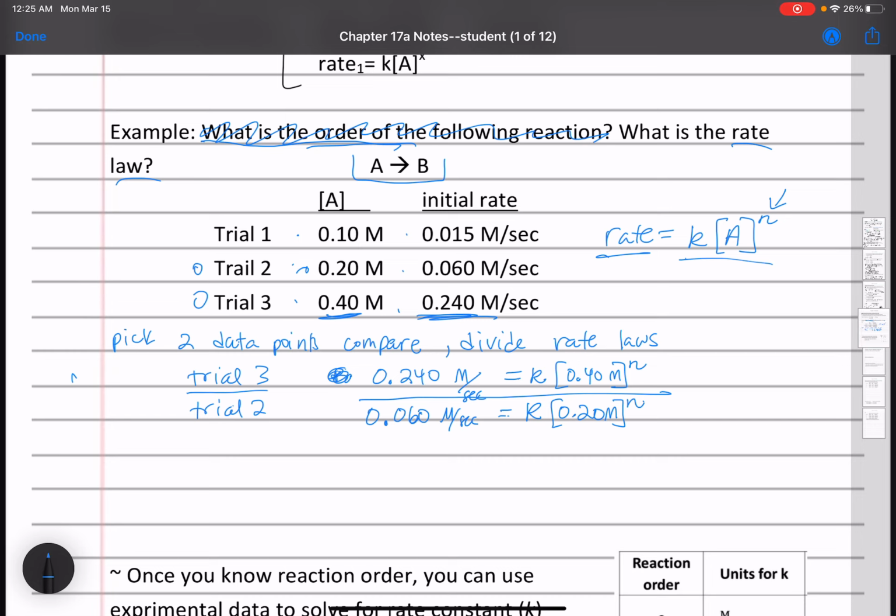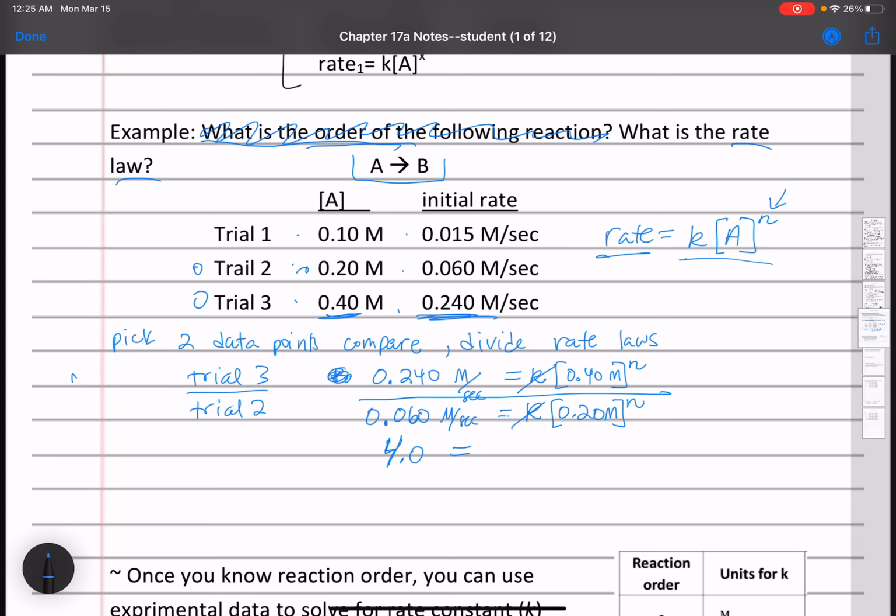Okay, so I can do some division here. 0.240 divided by 0.06 is 4.0. The K's cancel out because K divided by K is 1.